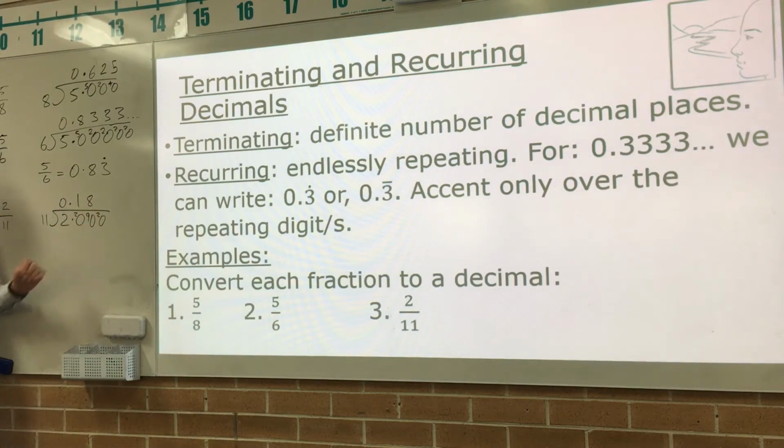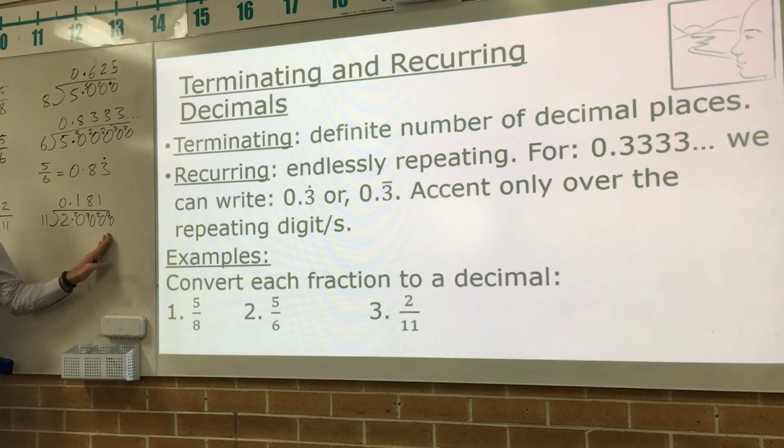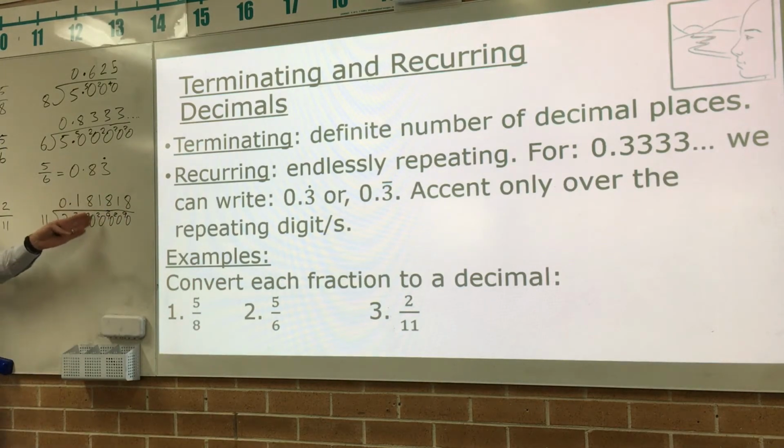Okay. 11 into 20. 1. What's left over? 9. Hang on a minute. 11 into 90. 8. 11 into 2. Once with 9 left over. 11 into 90. Notice we're getting a recurring pattern, or a repeating pattern.